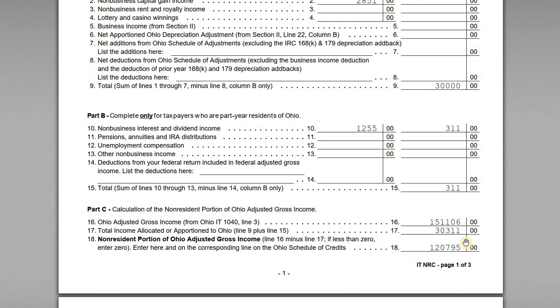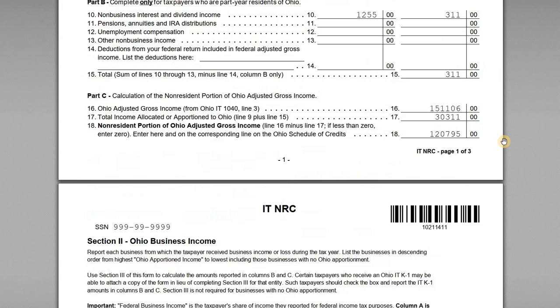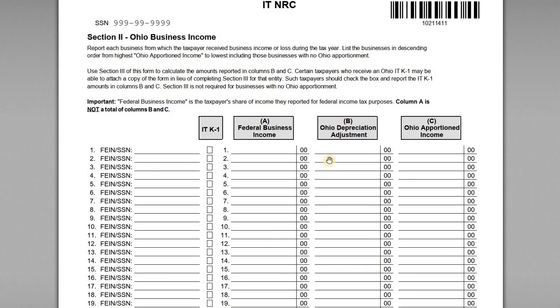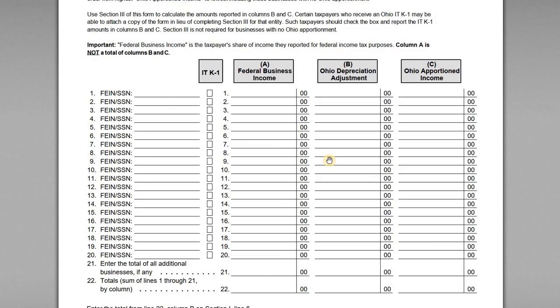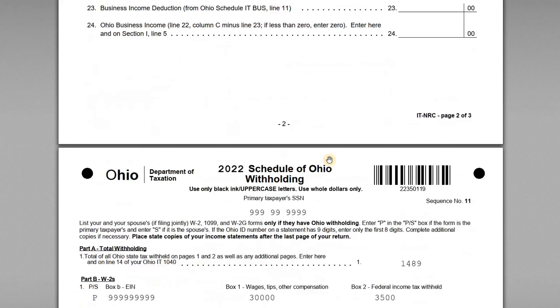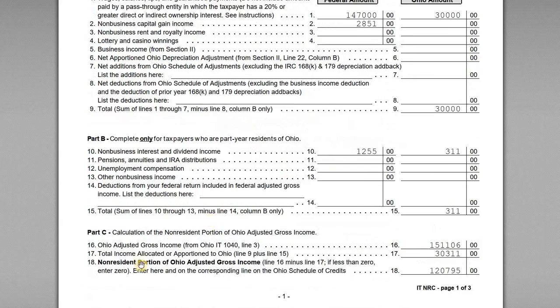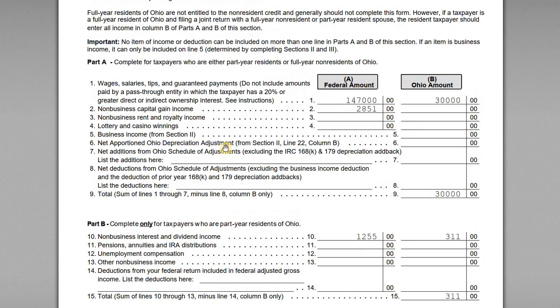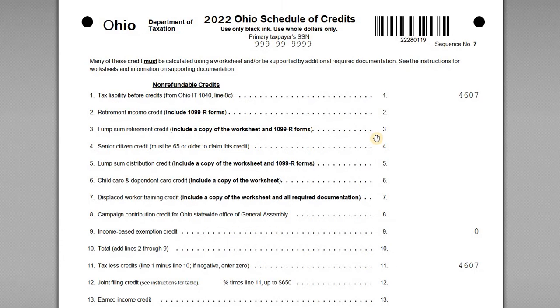So we subtract the difference there, and the non-resident portion is going to be $120,795. All right. Now, page 2 is section 2, Ohio business income. This is blank because we don't have any Ohio business income, so we've just left that off. So now that we have those values completed, we can move on to the Ohio Schedule of Credits.